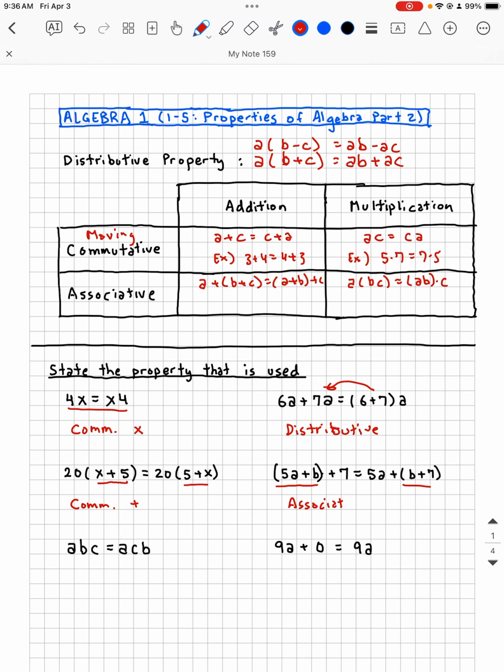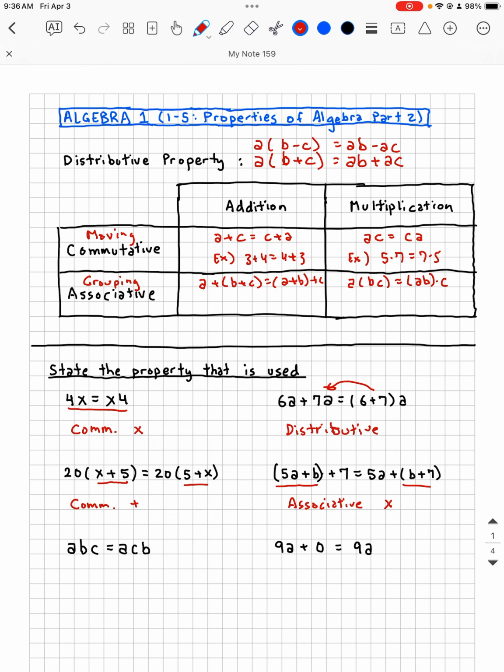And by the way, associative, we can go ahead and say that it has to do with grouping, just to help you see it a little bit better. And associative, once again, it's going to be for multiplication. You have to say the operation that goes along with associative and also commutative. If you want to try the last two first before I go on, totally fine. But if not, then we're going to go ahead and move on and see how it happens.